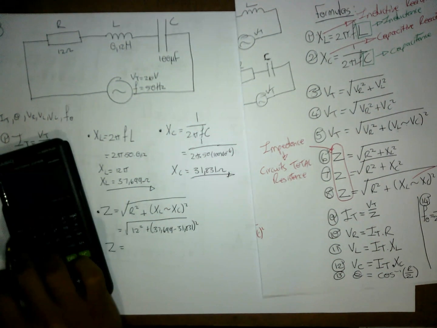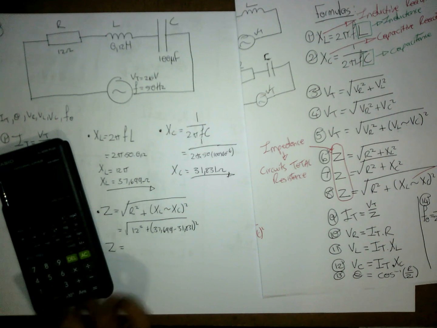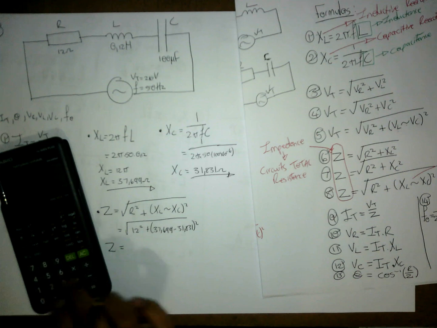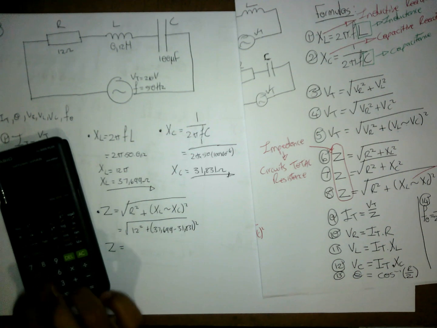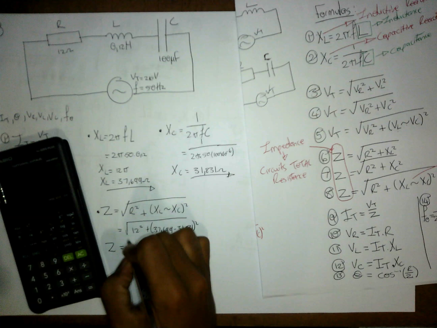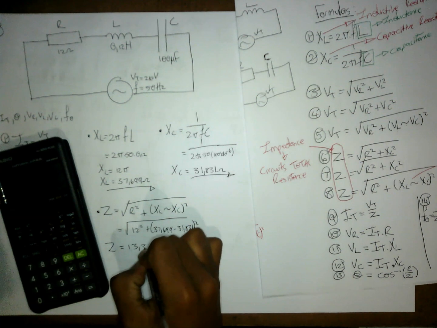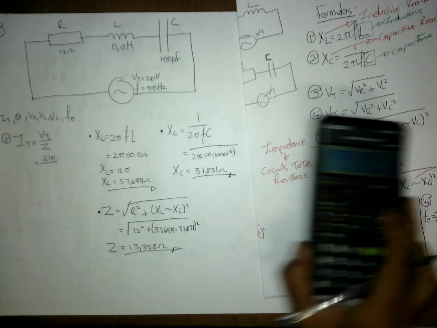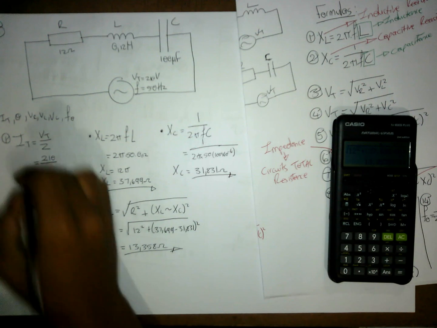So my Z is going to equal 13,358 ohms. Did we all get that for the impedance?